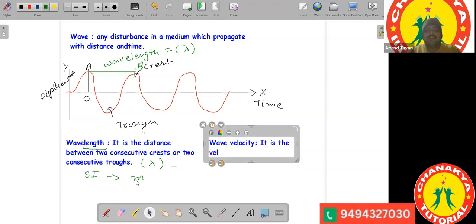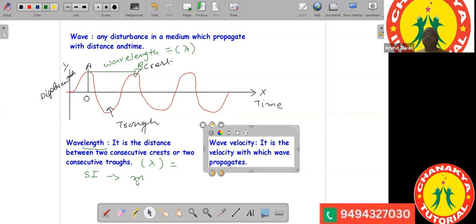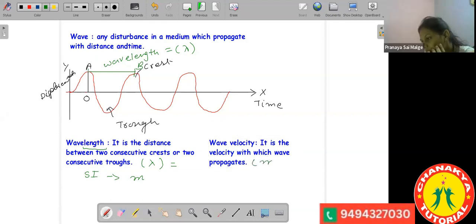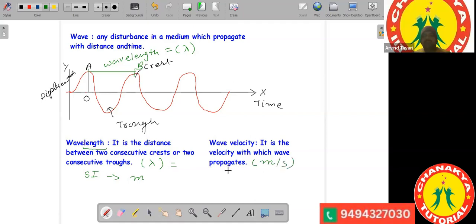It is the velocity with which the wave propagates. And since it is velocity, what should be its SI unit? Meter per second. It is represented by the symbol V. So V will be represented in meter per second.